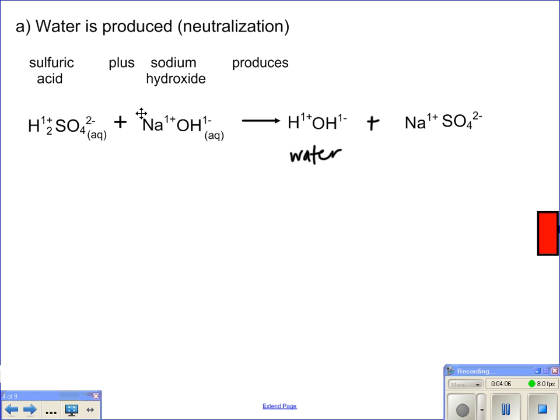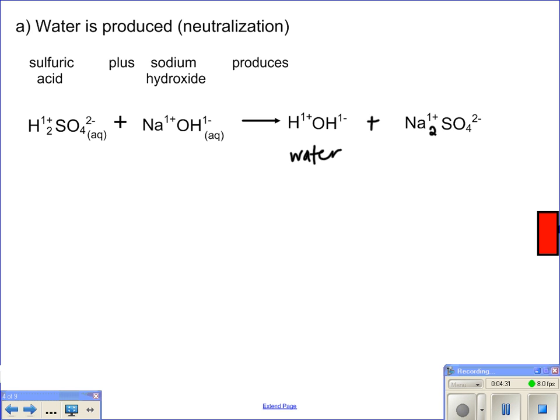Now, this new partnership doesn't have a charge balance. They're not exactly the same, a 1 plus and a 2 minus. So in their new partnership, they have to be neutral. And so we will have to have two sodiums come together in order for them to become neutral with sulfate. We'll have to go back and balance the equation after this as well.